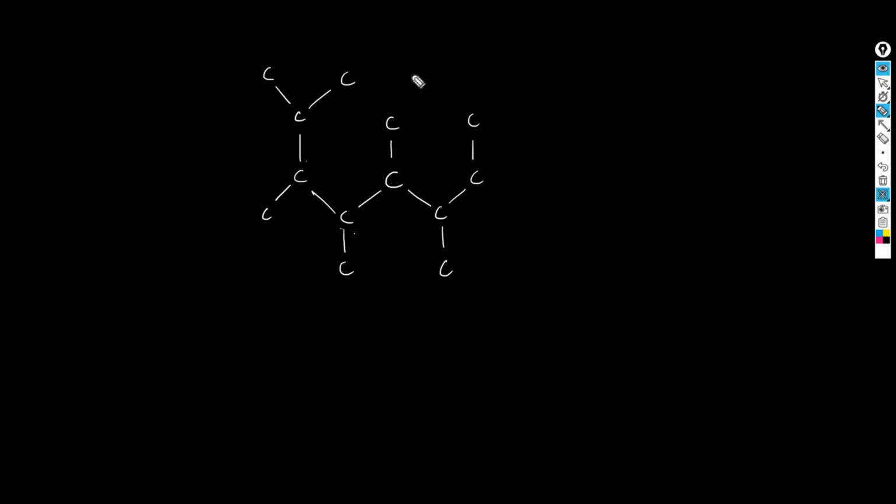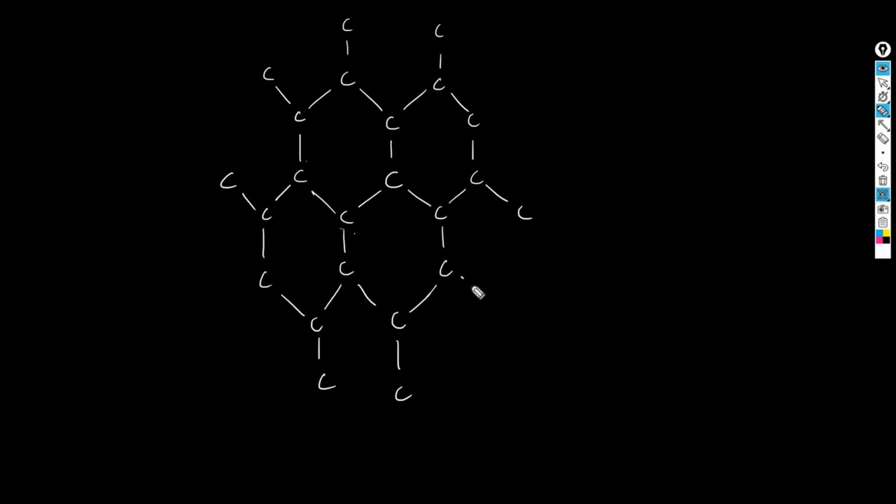Because with 3 bonds, that means we have trigonal planar central atoms. They form 3 bonds to other carbon atoms, and those repeat over and over and over again until we get this giant structure. That's why they're called giant molecular structures.